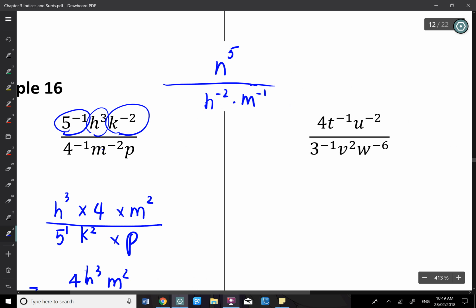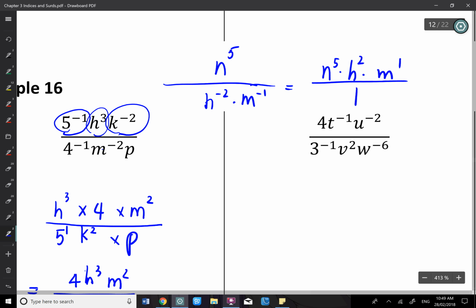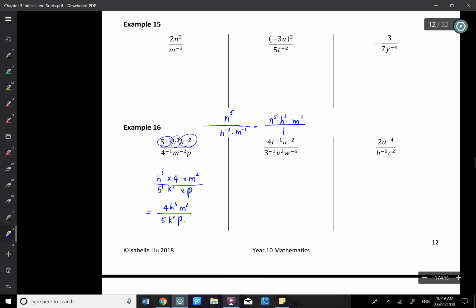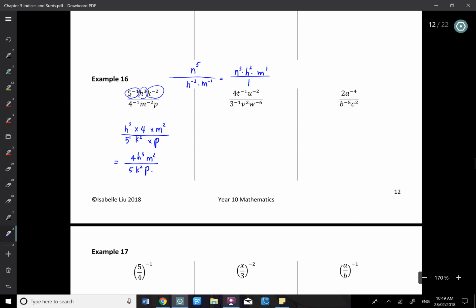So we still write a fraction here, and n to the power of 5 can still stay here, and then the negative h to the power of 2 will go up, and m to the power of 1 will go up, which means the denominator is just left with a 1. So it's no fraction, it's just a term like this. So similar idea to example 16 here.